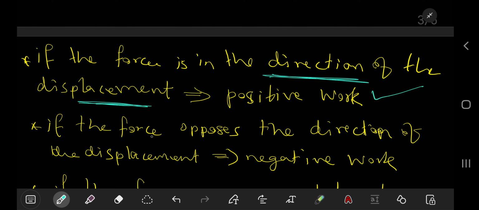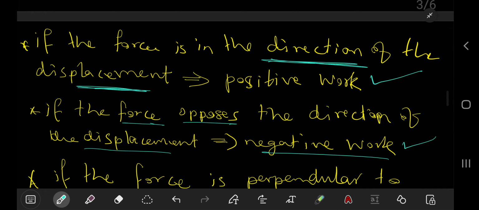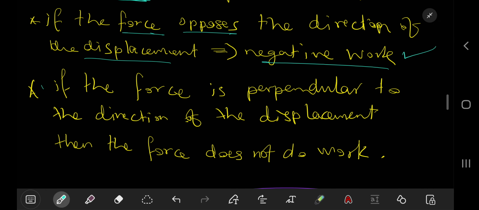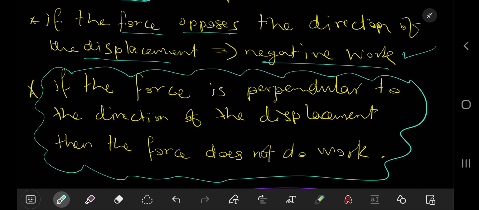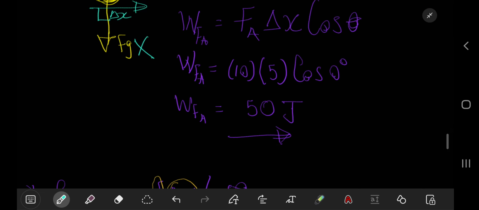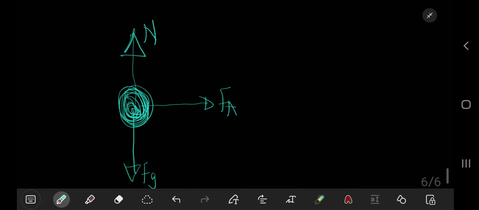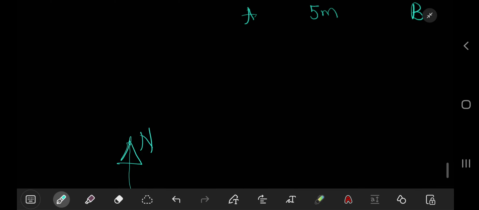But if the force opposes the direction of the displacement, it does negative work. So these two do work, either positive or negative. The most important part for this video is that if the force is perpendicular to the direction of the displacement, then the force does not do work at all. Let us go back to the example and identify which forces do work and which do not.